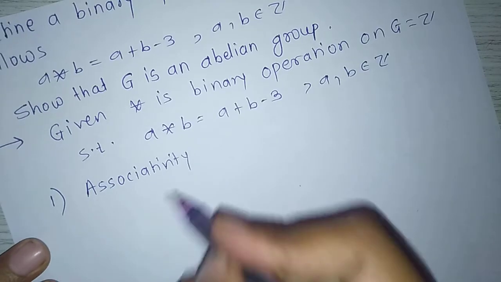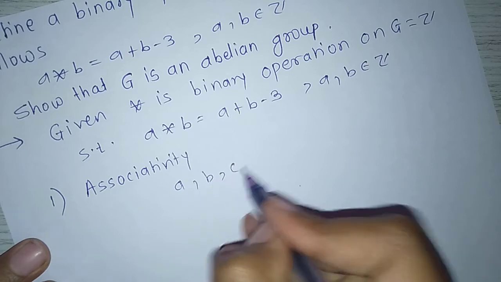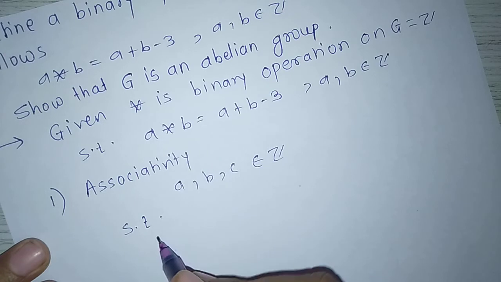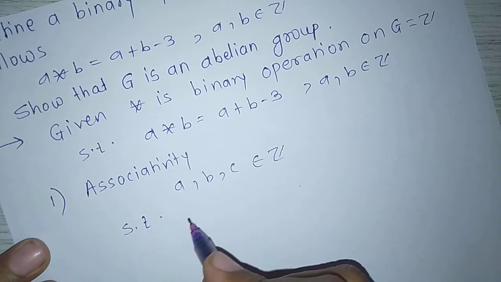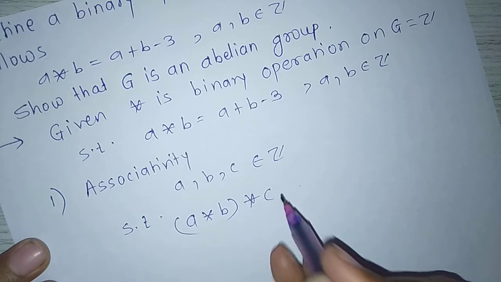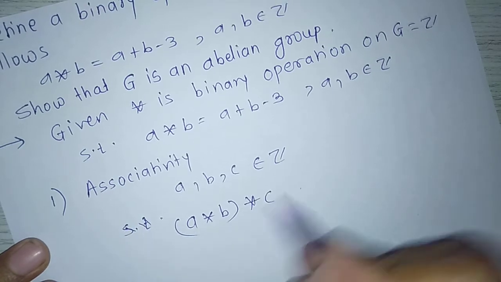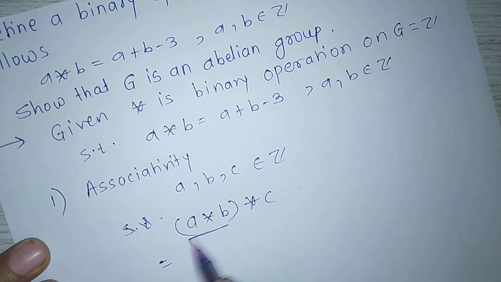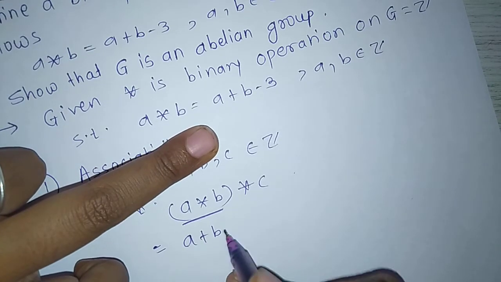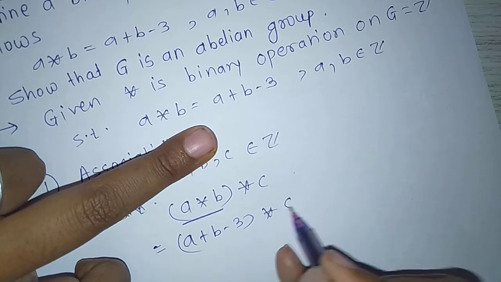Take 3 integers A, B, C belong to Z such that (A star B) star C equals (A plus B minus 3) star C as it is.